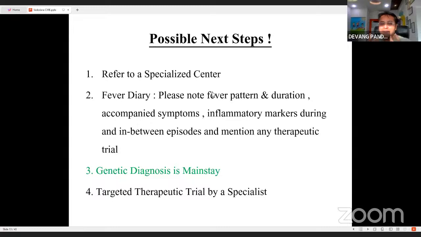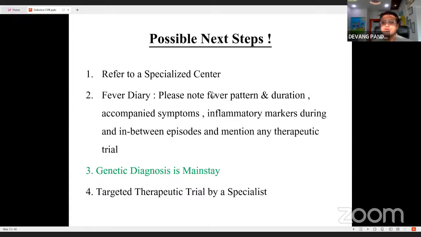What are the inflammatory markers during and in between episodes? And mention if any therapeutic trial has been given, because that will also sometimes help in the diagnosis retrospectively. Otherwise, we know that genetic diagnosis is the mainstay, but all the time it is not possible. So sometimes we have to treat the child on clinical judgment and diagnosis.